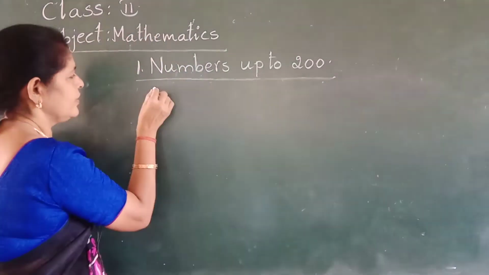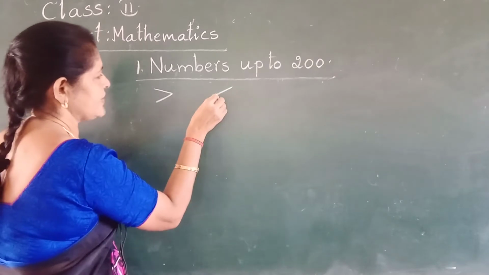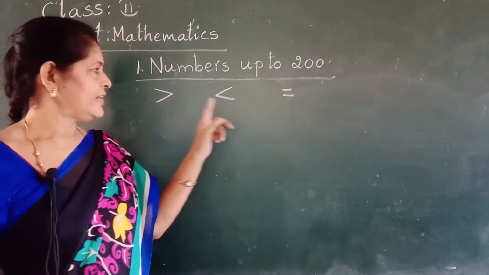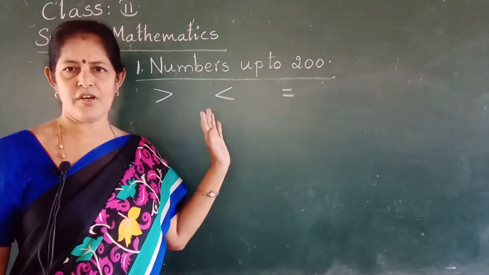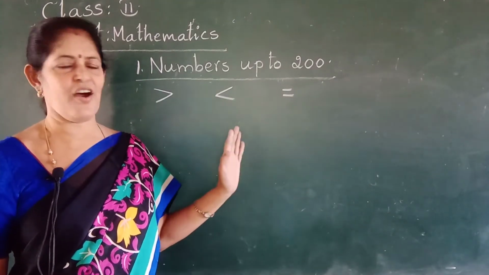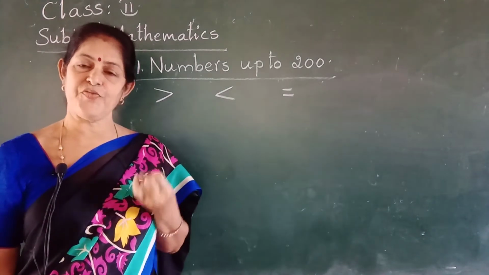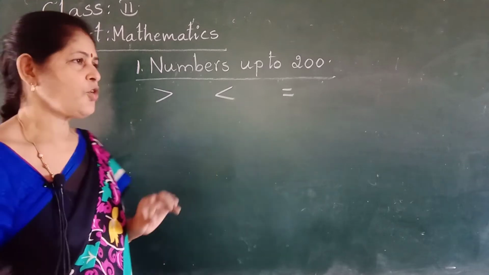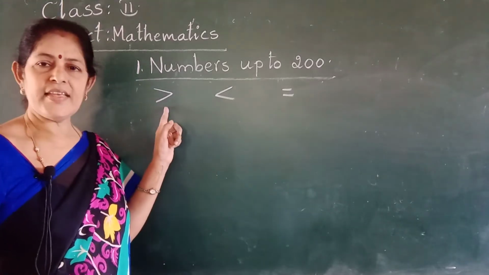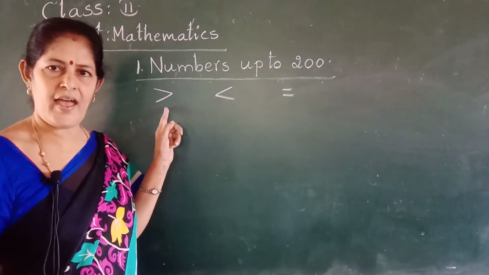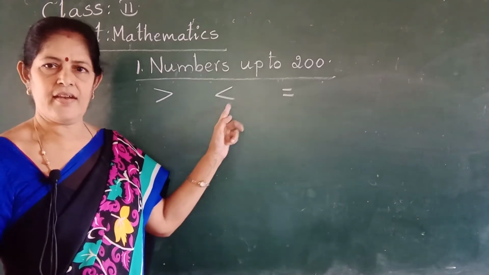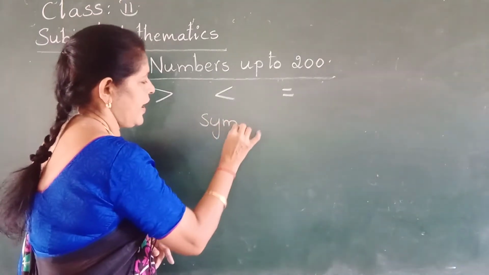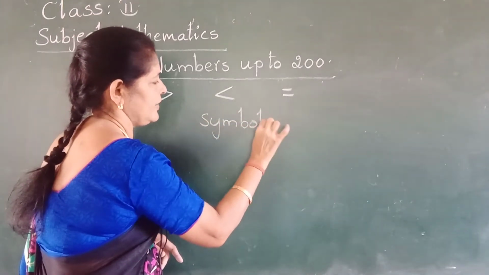See, greater than, less than, equal to. Do you know these symbols? Very good. They are used for 1 digit numbers, 2 digit numbers, 3 digit numbers. First, see how to read these symbols.